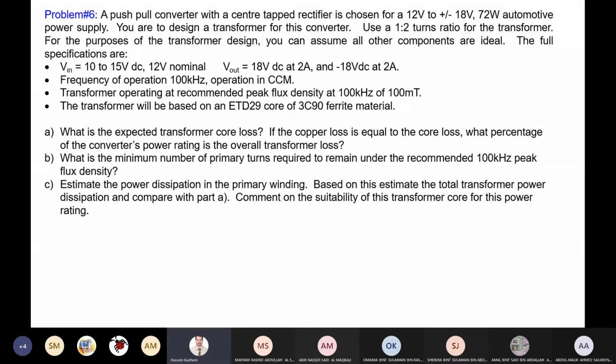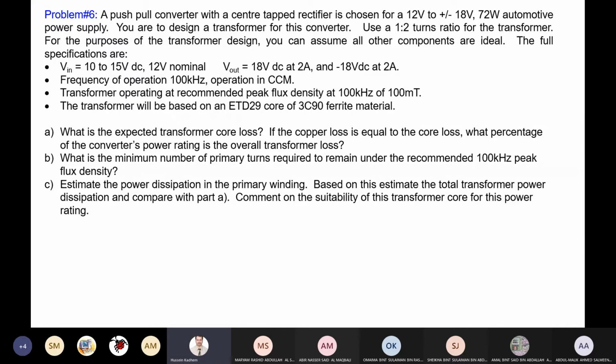And the full specifications given to you are, have a look. V input ranges between 10 to 15 volt and the nominal, the average, is 12 volt. V out is 18 volt with 2 amp and minus 18 volt DC with 2 amp. This means there is a rectifier at the output also. Okay. Frequency of operation 100 kilohertz, FS.